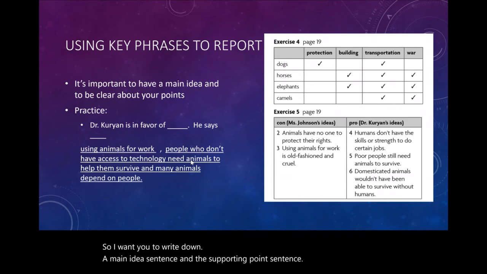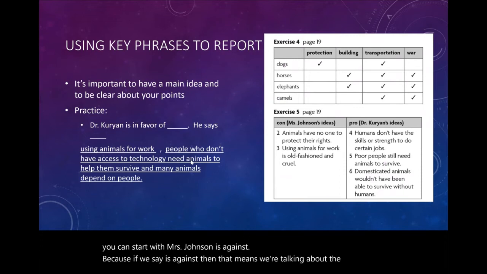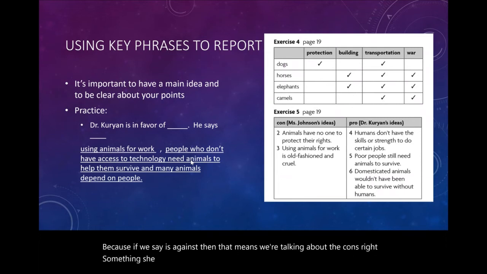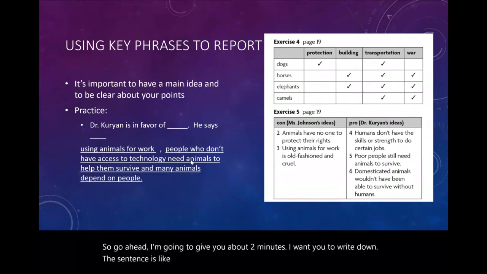If you want to, you can choose to change the first sentence and start with Mrs. Johnson is against. Because if we say is against, then that means we're talking about the cons, something she does not like. So go ahead. I'm going to give you about 2 minutes. I want you to write down the sentences like I put here, but I want you to use Mrs. Johnson.